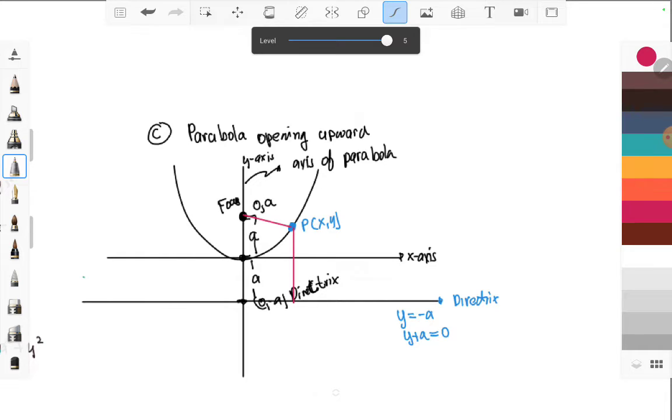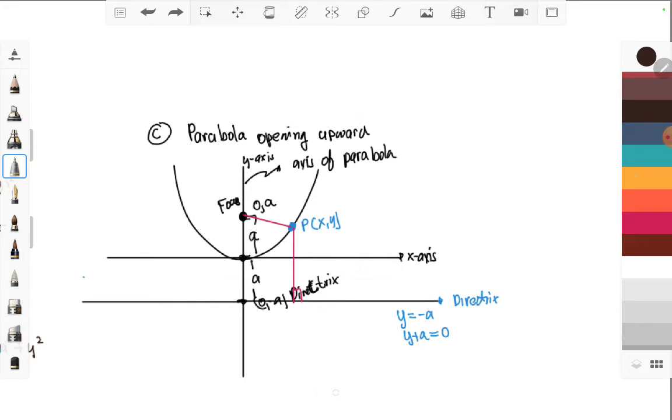Take note that our PD must always be perpendicular with our directrix. Sorry for the symmetry, but based on our property of the parabola, this line FP must be equal to our line PD.